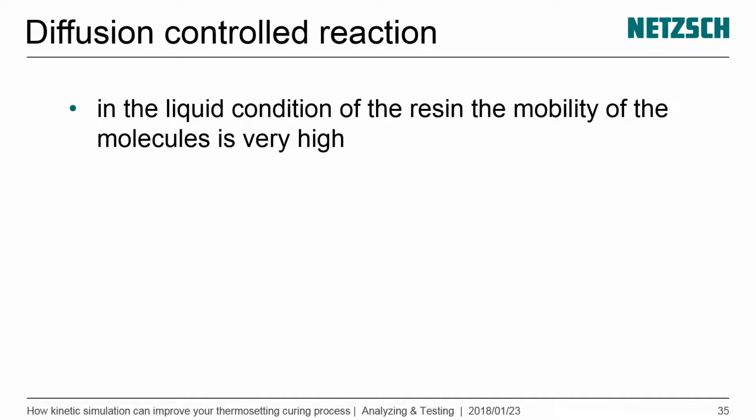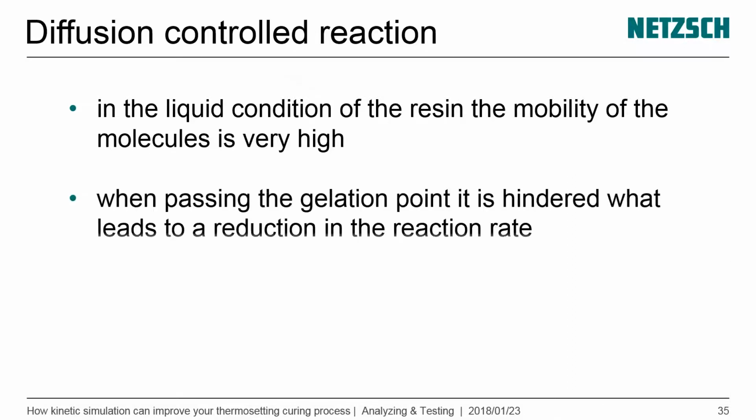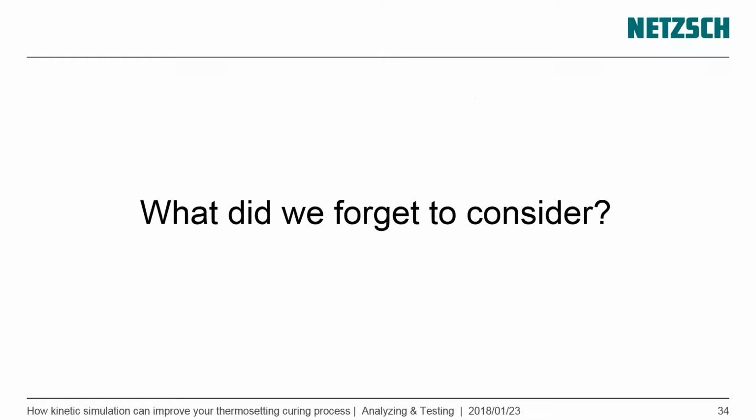In the liquid condition of the resin, the molecular movement is very, very high. So the molecules can move really undisturbed. But from a specific point, it is often the point of gelation, this mobility is hindered, so that leads to a reduction of the reaction rate.